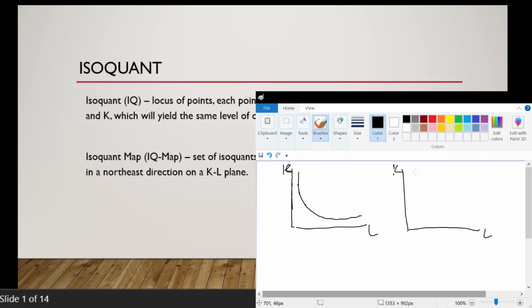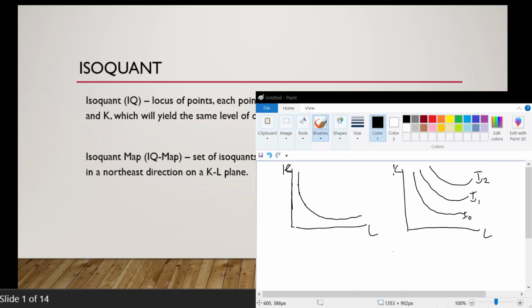Okay, so we have, for example, yung isoquant natin na una, and then, so ito yung isoquant map. Okay, set of isoquants. Meron tayong set of isoquants na sabi, habang nag-i-increase siya or nag-move siya in northeast direction, mas tumataas yung output being produced.